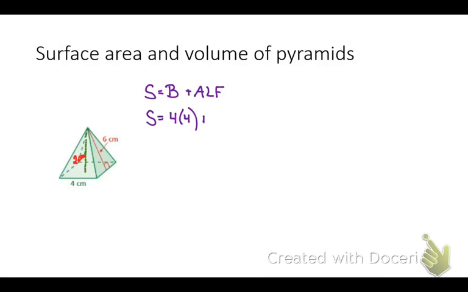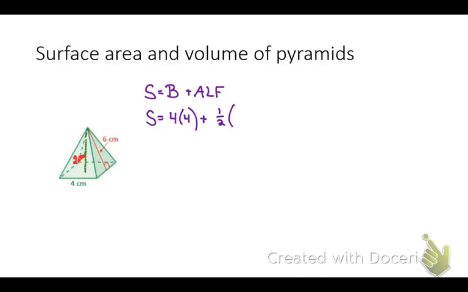Okay. Plus, what shape is my lateral face? They all, yep, they're all triangles. So what's the area of my triangle? 1/2 times what is the base of my triangle? No, what's the base of my triangle? Only one side.